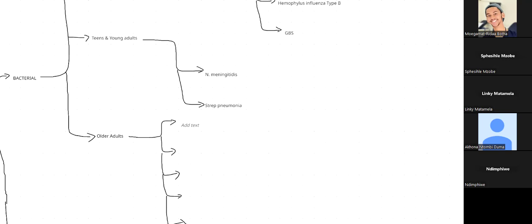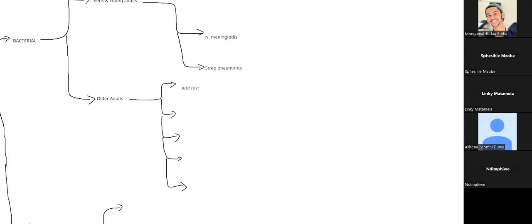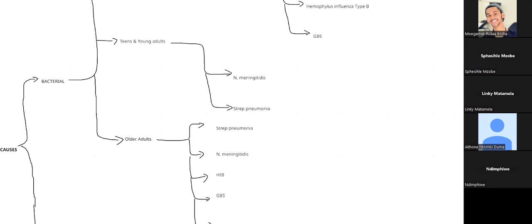And then group B Streptococcus as well, and then Listeria monocytogenes. I'm just going to say L mono, that would be our abbreviation. So that's the bacterial aspect.